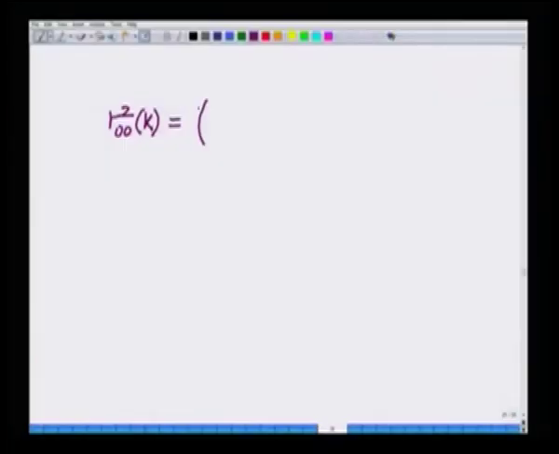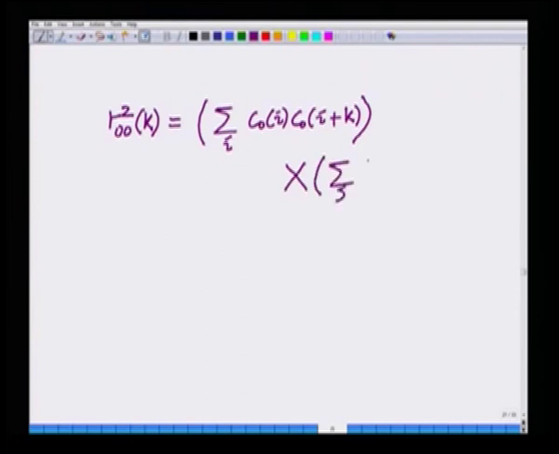So, R_00[k] into R_00[k] is summation over i of C_0[i] C_0[i+k], into summation over j of C_0[j] C_0[j+k]. Alright, I am taking two R_00 terms and multiplying them with each other.